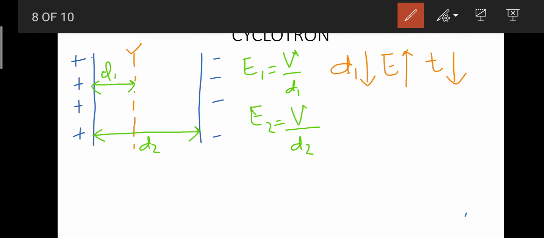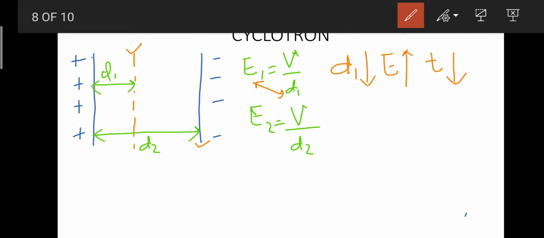If the value of d1 is less, then according to this inverse relationship, E1 is definitely going to increase. And because of the relation x equals vt, the value of t will also decrease. In the second situation, if I put this plate at this particular point, the negative plate has been placed at a far distance. Now the new distance is d2.